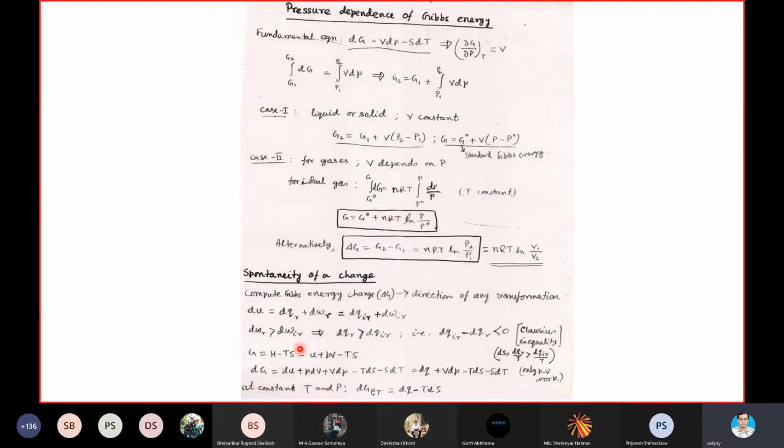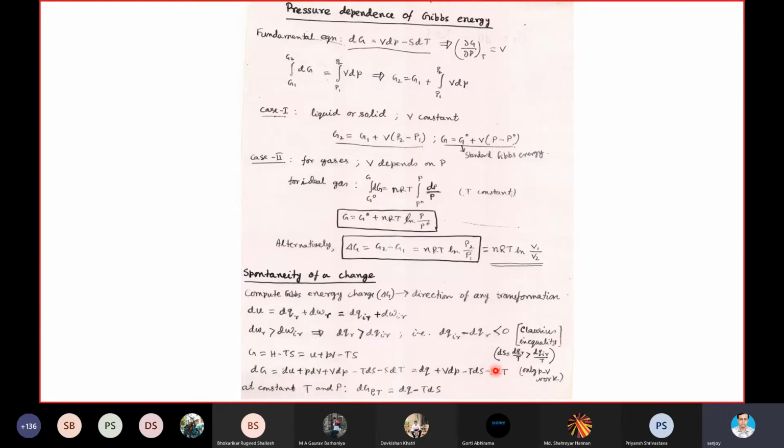Now we already know that reversible work is greater than irreversible work. Following which, you need to maintain the equality. And remember, the work is negative here because the system is doing the work. So to maintain the equality, dq reversible should also be greater than dq irreversible, or dq irreversible minus dq reversible is less than 0. This is nothing but the Clausius inequality.